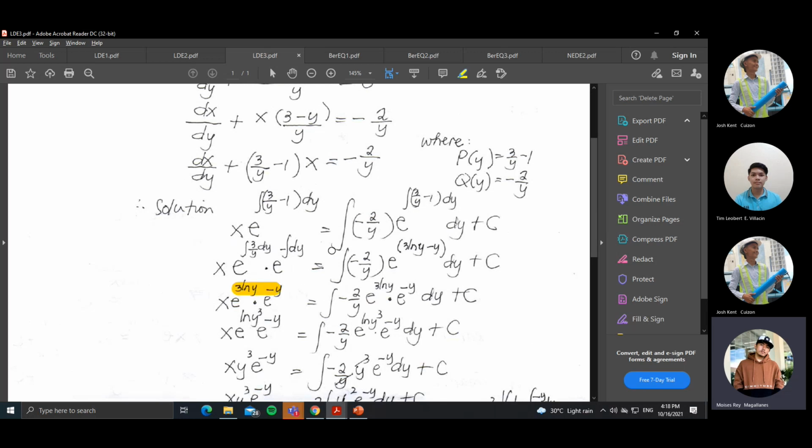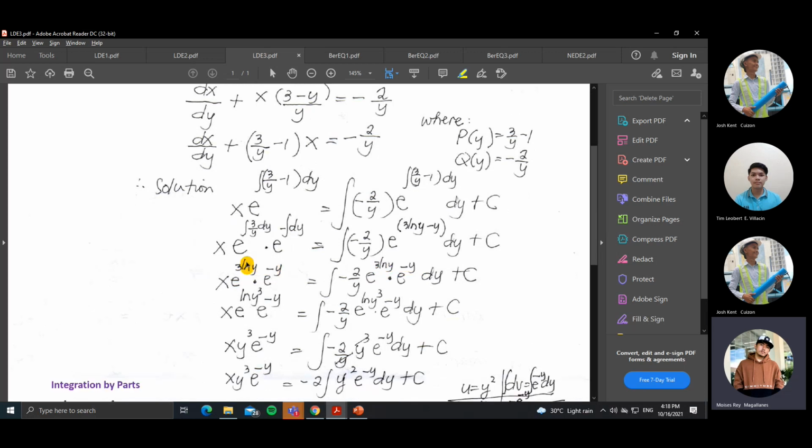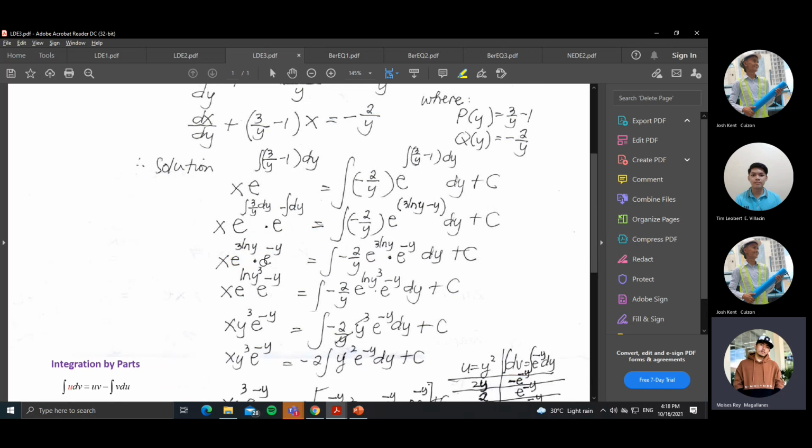We can also just copy this to the right side. And since we have ln and e here, we can use the law of logarithms again. The 3 we move as a power of y, so it is ln of y cubed, and then the e and ln cancel. On the other side, e raised to the power of negative y does not cancel since there is no ln.